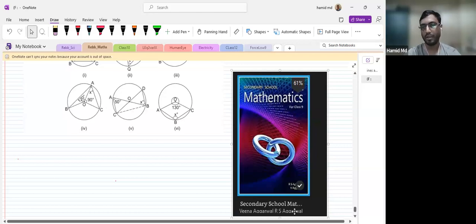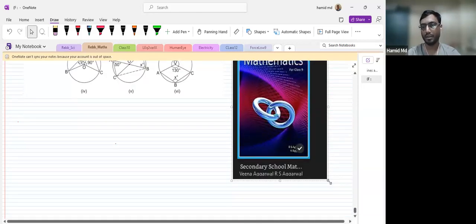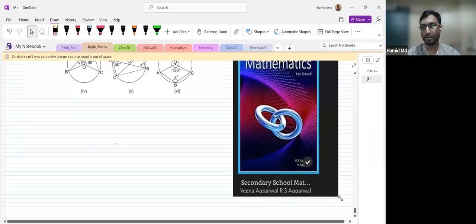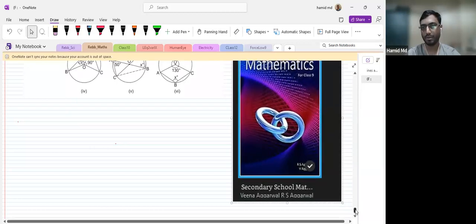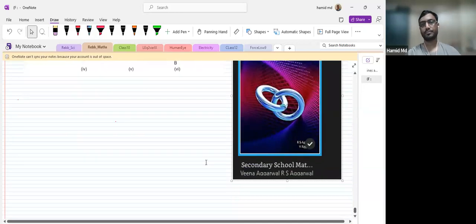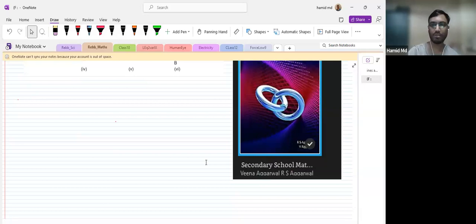This is a book by R.S. Agarwal. Is it clear and visible to you? I'm using some sections from this book. If you find it, get it or borrow it from anyone. We won't be using it for entire sections, but I think for this section, it is important.